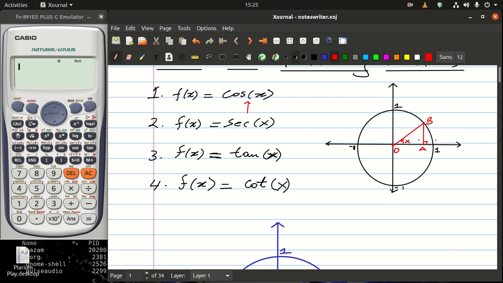Now, take note that I haven't written anything there. It's because this side is the horizontal axis, and this side we have the vertical axis. Why am I not putting x and y there?